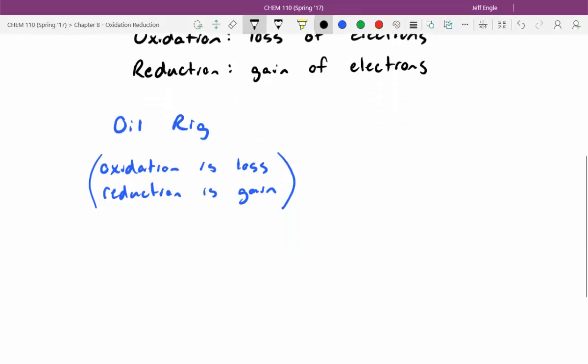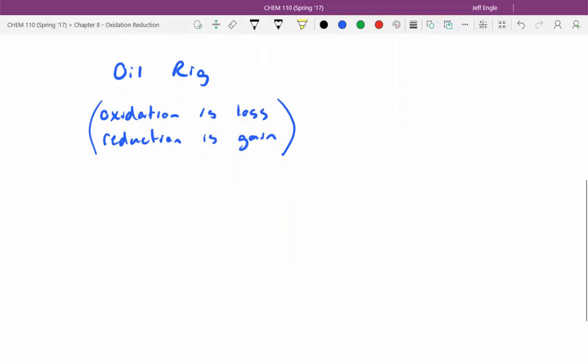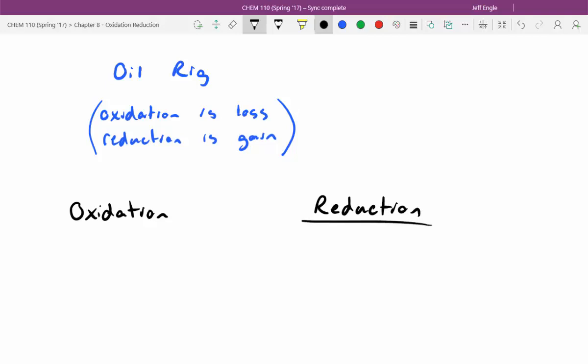All right, there are some other things that you might notice with a lot of these reactions, so let's make a list of both oxidation and reduction. We said oxidation always has a loss of electrons.